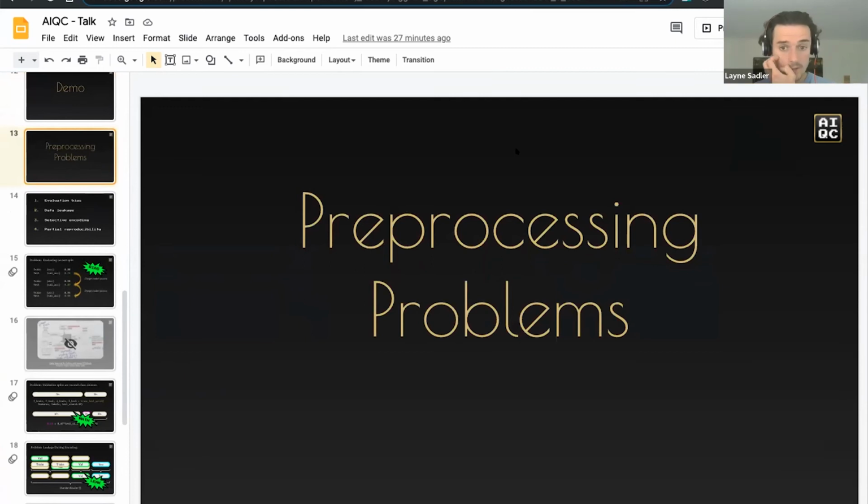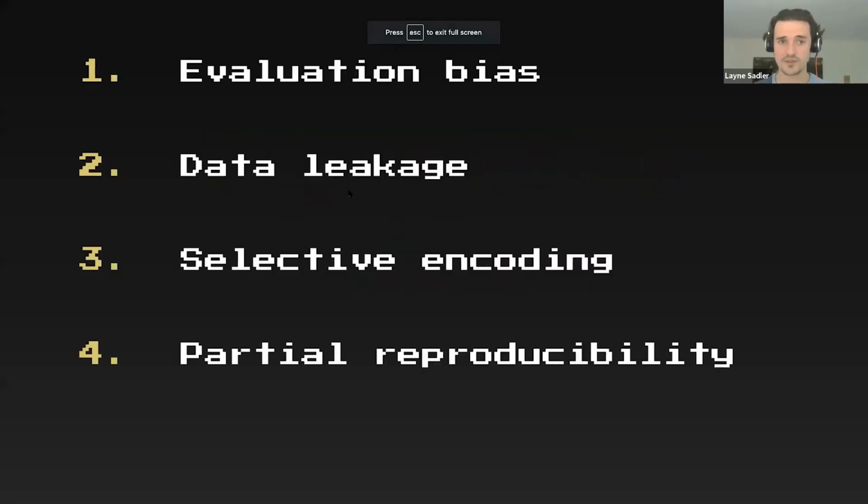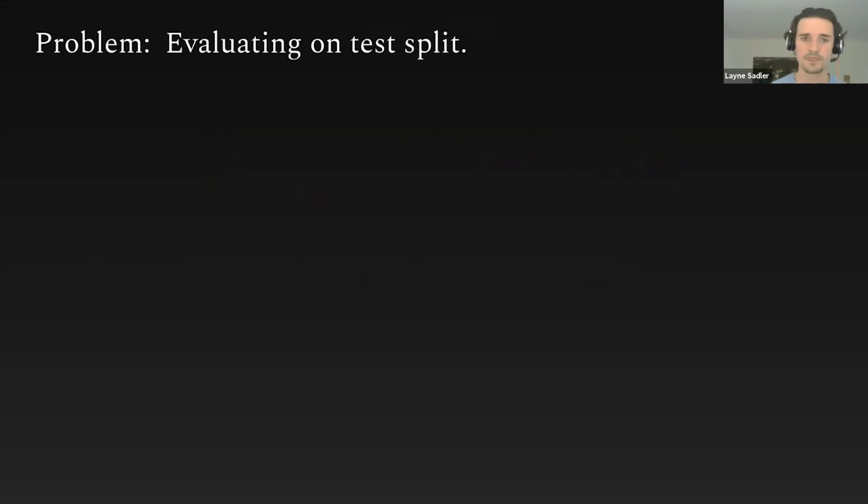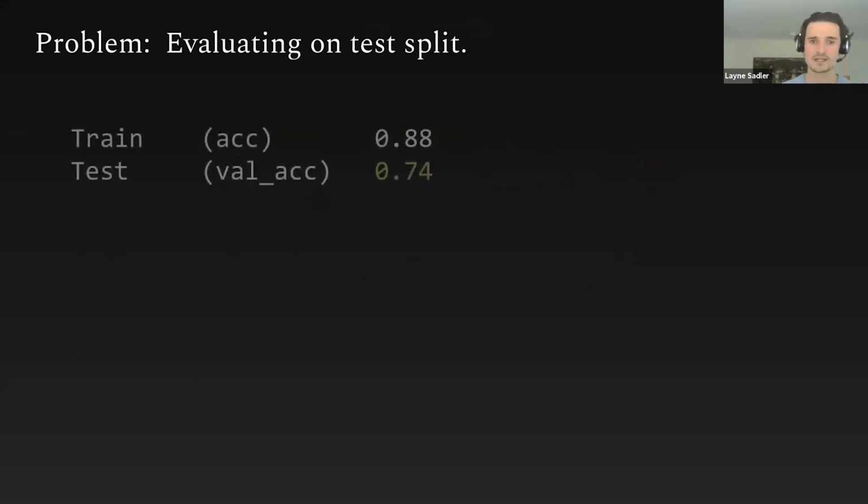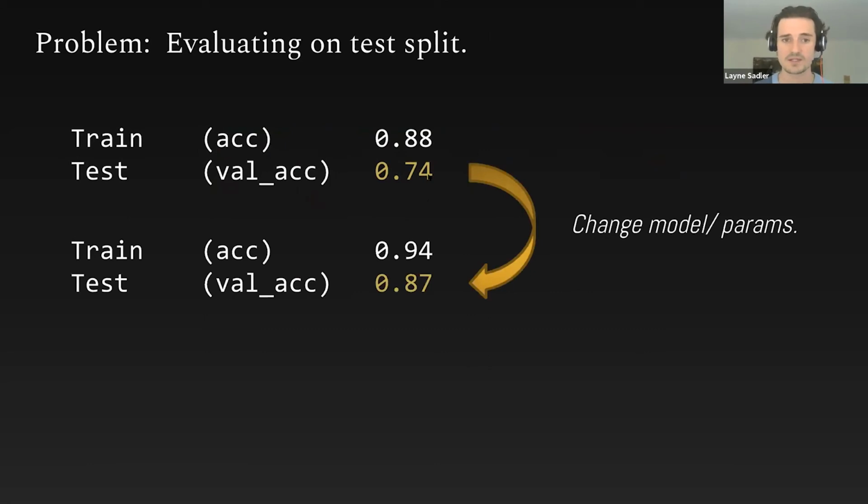Okay, great. Thank you. So some of the pre-processing problems that this solves, right? I'm not going to read this slide to you because we'll talk through each example, but when you're evaluating your models on your test split, let's say this is pretty typical, your first run of the model, you train it and you are able to successfully learn, but your test score is still lagging far behind your training scores, right?